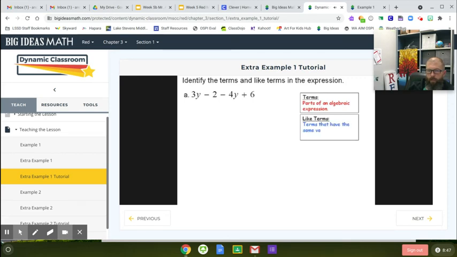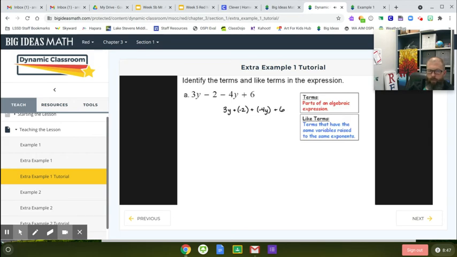Like terms are terms that have the same variables raised to the same exponents. First, let's find the terms in the expression. Since terms are separated by addition, it is helpful to rewrite the expression where subtraction is written as adding the opposite. The expression is 3y plus -2 plus -4y plus 6.